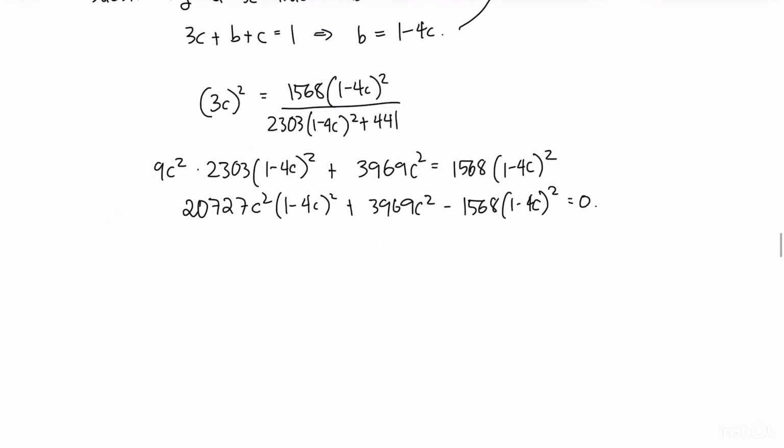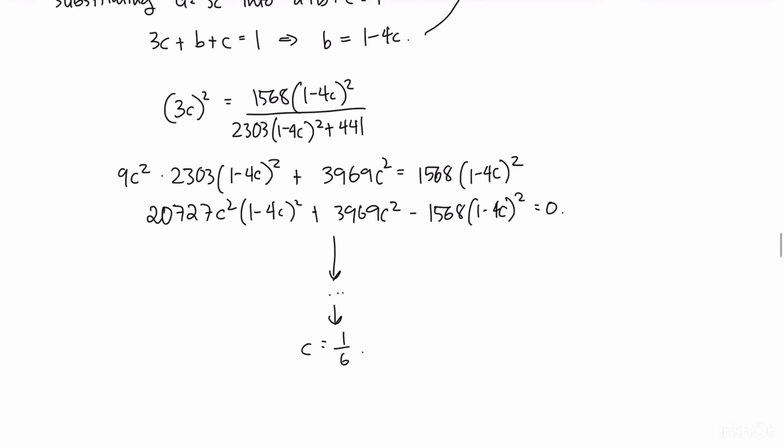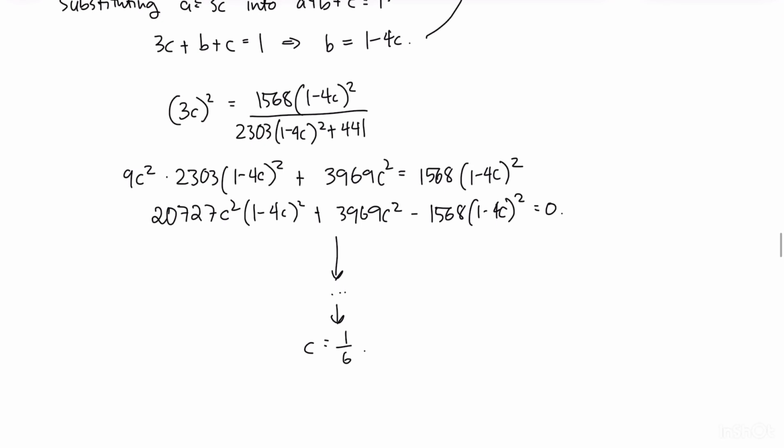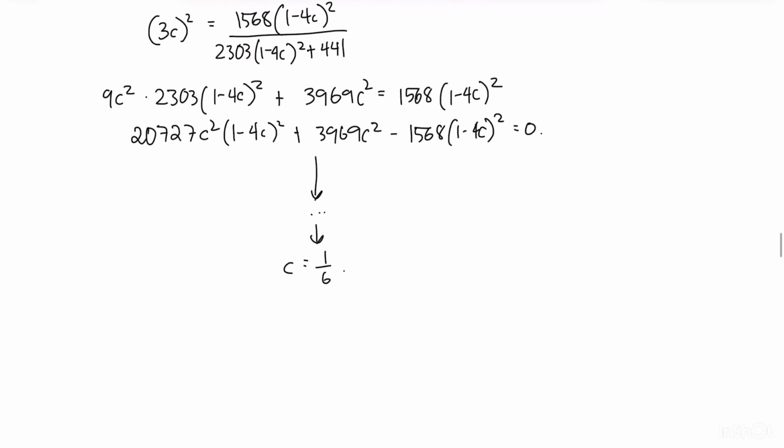And just doing a lot of algebra, so I'm just going to put dot dot dot here, and this will turn out to be 1/6. Alright. So just expanding the quadratic form here in 1 minus 4c squared, and then further simplifying.